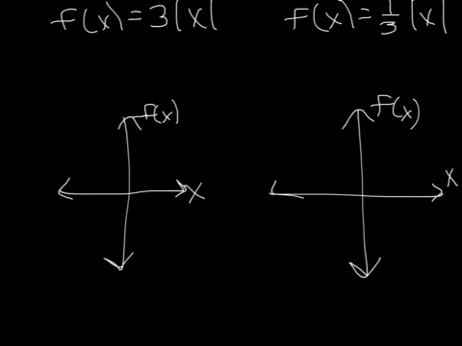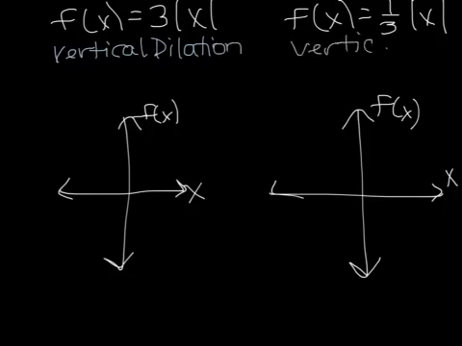Now here, when we multiplied the absolute value function by 3, we saw that from the parent function to this absolute value function, it was a vertical dilation. So both of these are going to be vertical dilations.